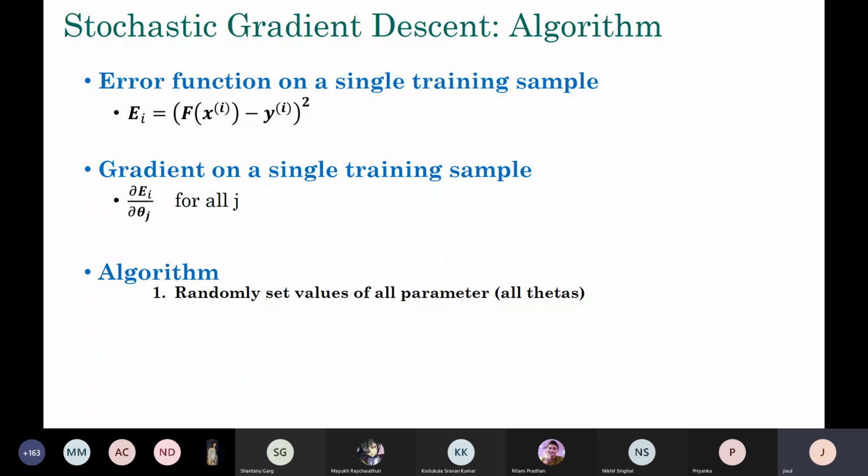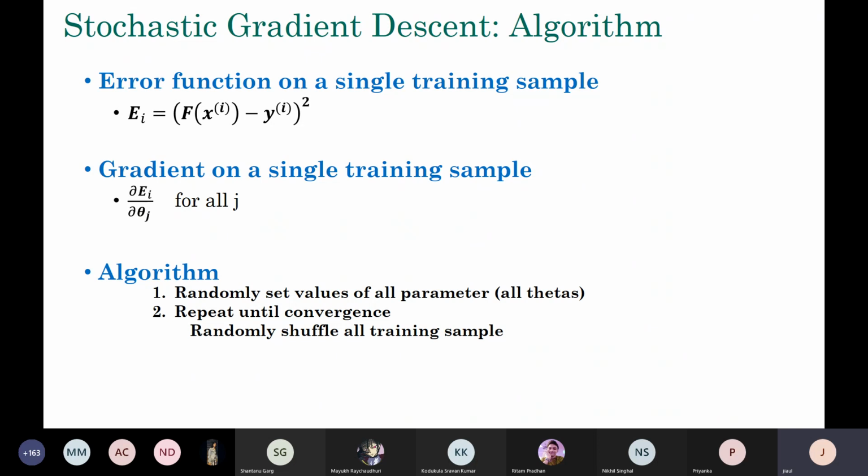Again, you have to initialize all these parameters. There is no other way except randomly initializing these values. So the first step, you randomly initialize all the parameters in this model, all the thetas. Then repeat until convergence, the same convergence rule that we applied. Randomly shuffle all training data. That is very important because by shuffling, you are, in a sense, de-biasing this data.